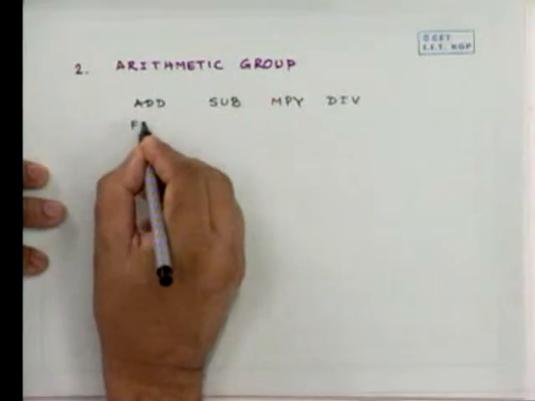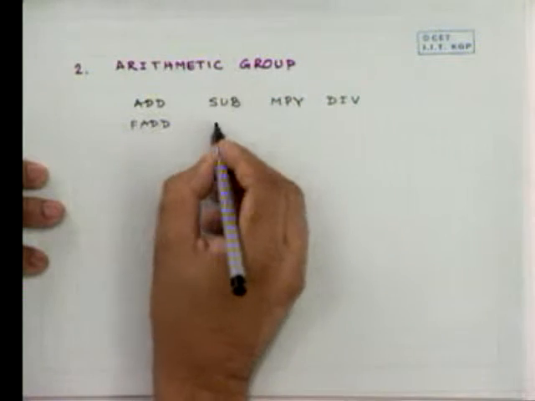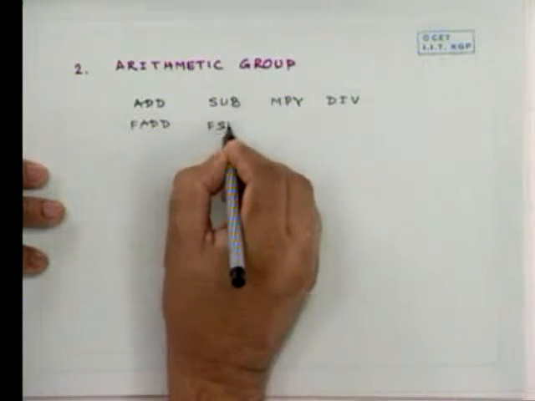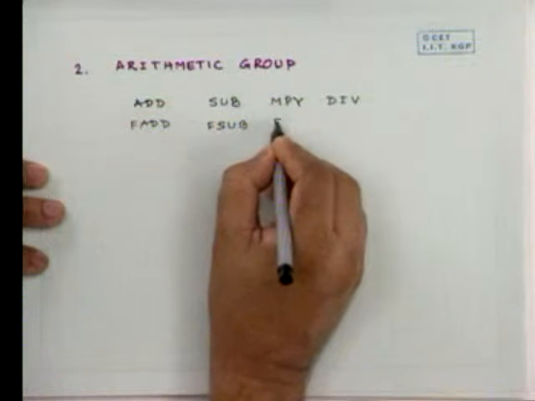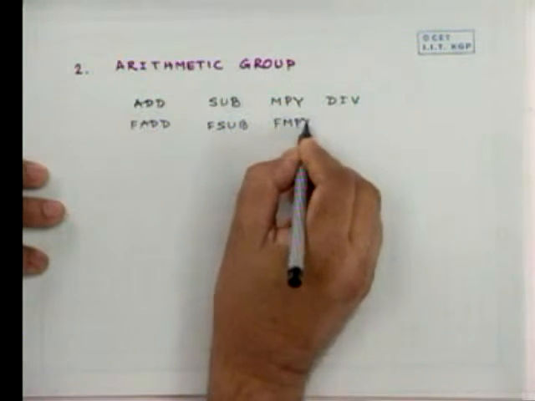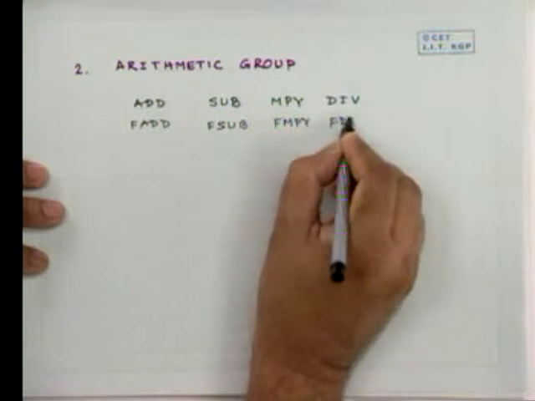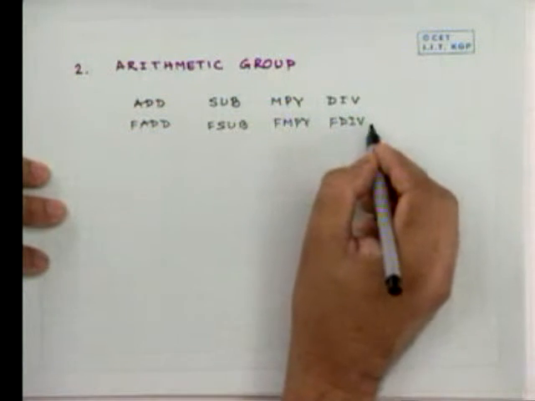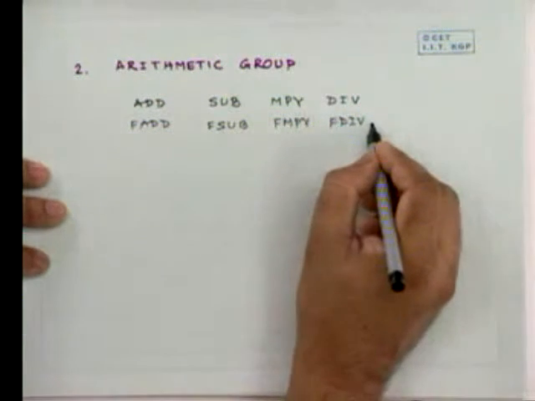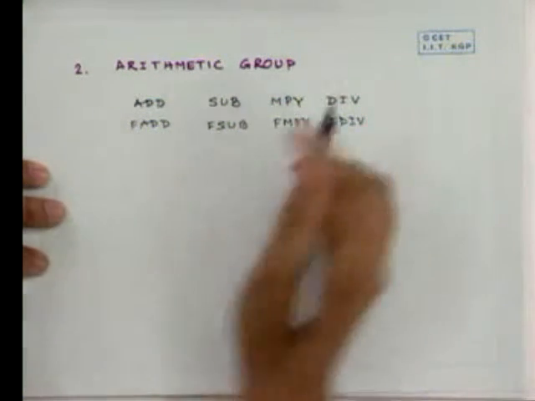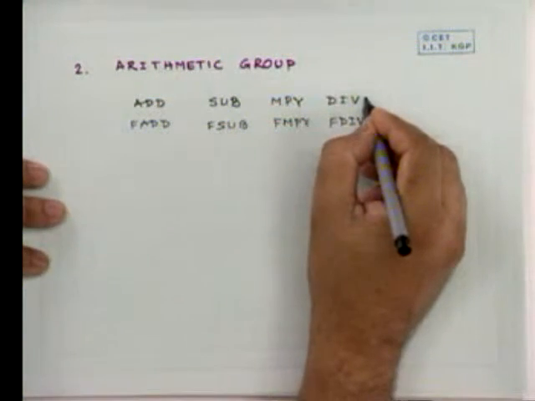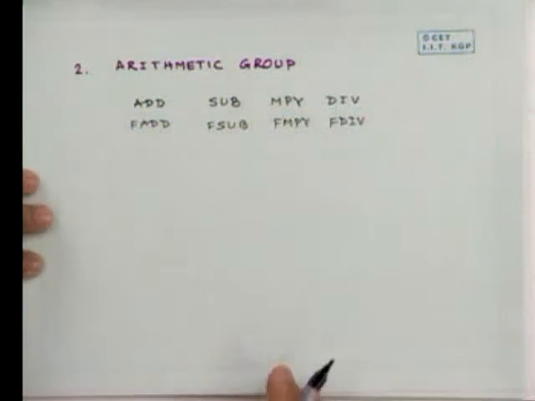Then on floating point it can be floating point add, floating point subtract, floating point multiply, and floating point divide. That works on floating point operands and uses the floating point arithmetic unit. The others use the integer arithmetic unit.